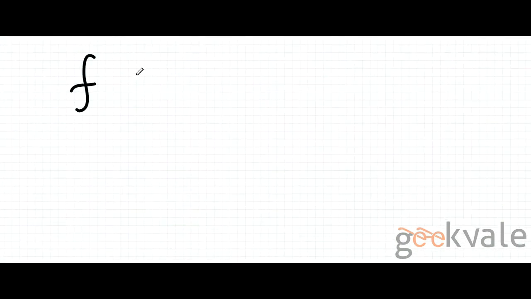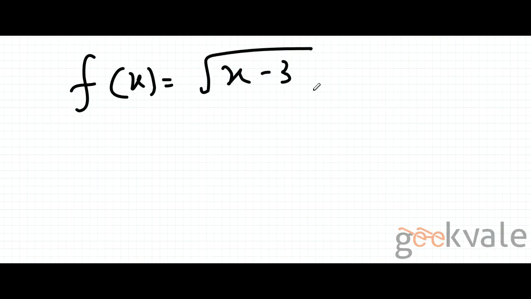Okay, another example will be f of x equals square root of x minus 3. The expression inside the square root is x take away 3. It shouldn't be negative, and I have to make sure the expression stays non-negative. So 3 is my starting point.